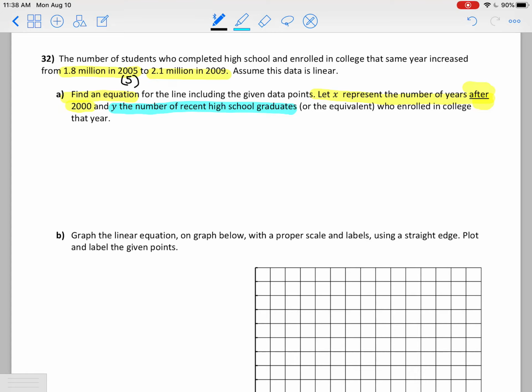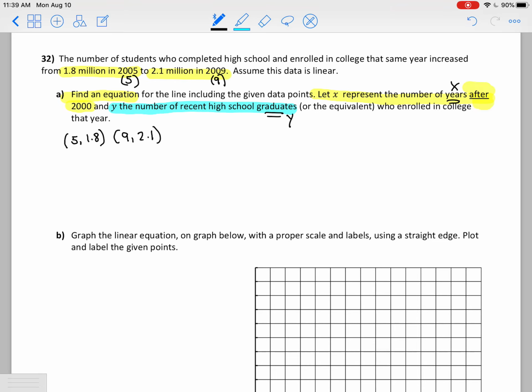So if x represents the years after 2000, one of our points would start with 5, and in that year there were 1.8 million graduates, because we know that y represents the number of graduates. That's our y, our years is our x. All right, for our second point, 2009, that is 9 years after 2000. So our second point would be 9 and 2.1.